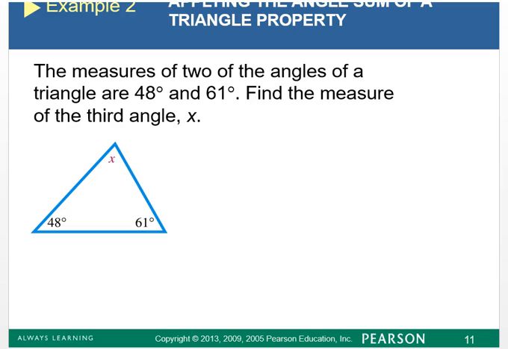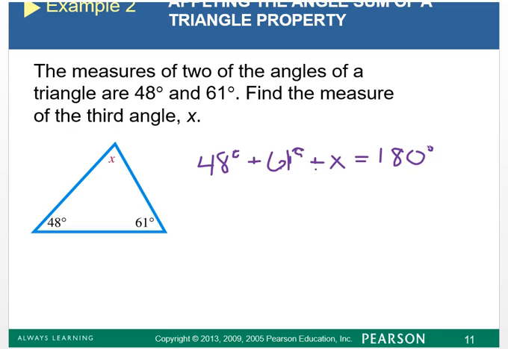So here we go. Let's say 48 degrees plus 61 degrees plus x is equal to 180 degrees.